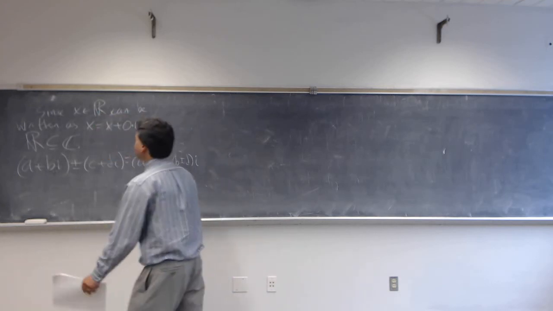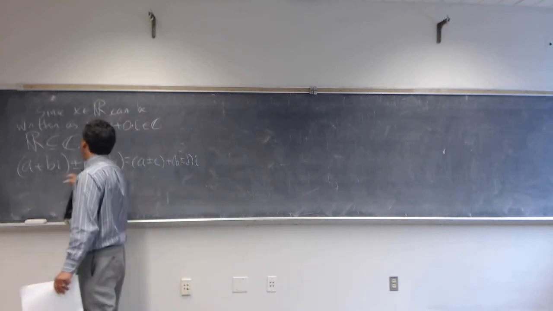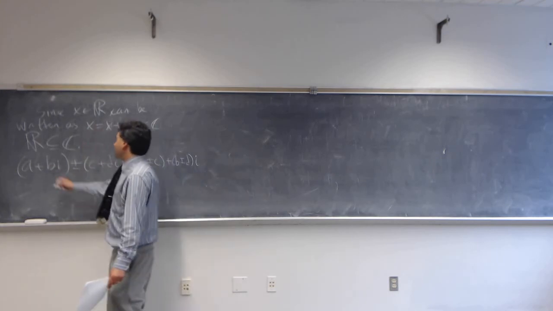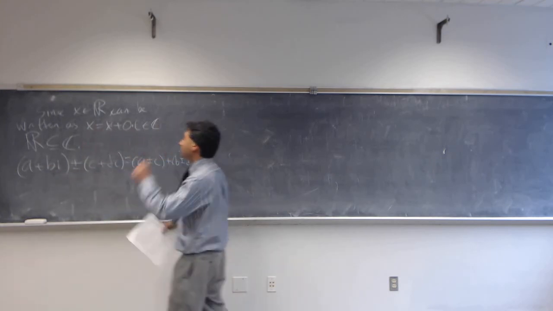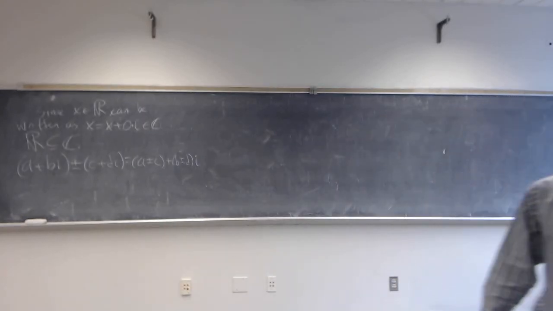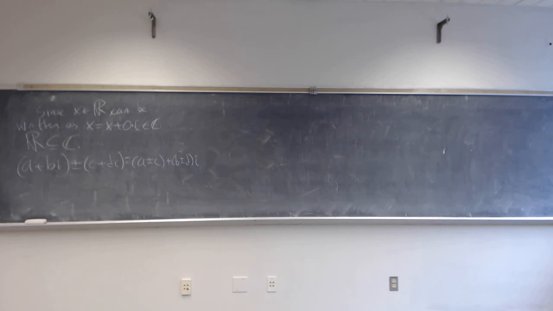I should say in a plus bi and c plus di, a and c would be the real parts of the two complex numbers, b and d would be the imaginary parts. So you can think of a complex number as represented as a real part plus an imaginary part.